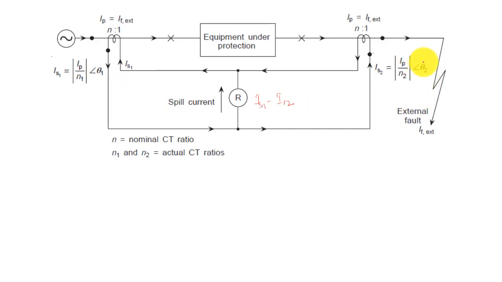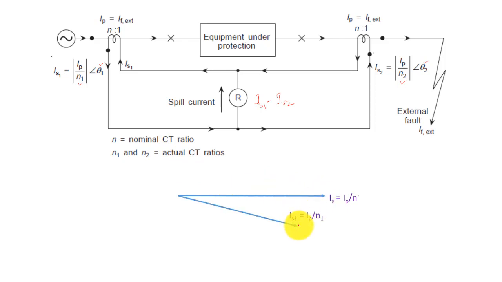What are theta 1 and theta 2 exactly? We will see using the phasor diagram, where N1 and N2 are the exact actual CT ratios, and N is your nominal CT ratio, right. So your IS is equal to IP by N.